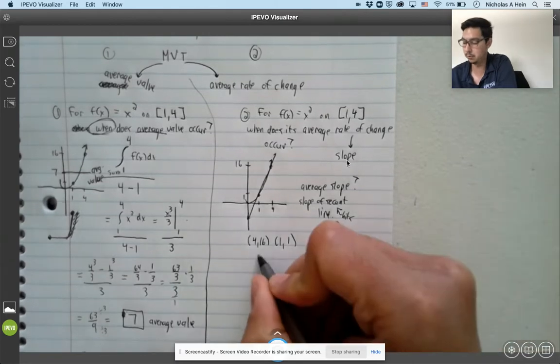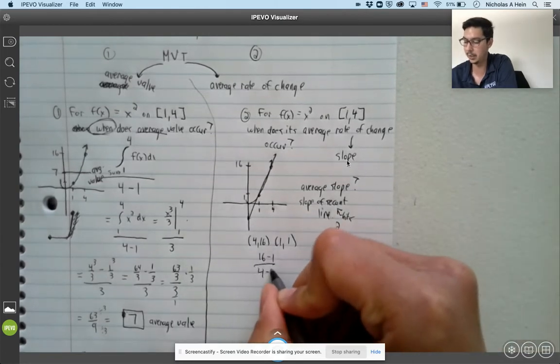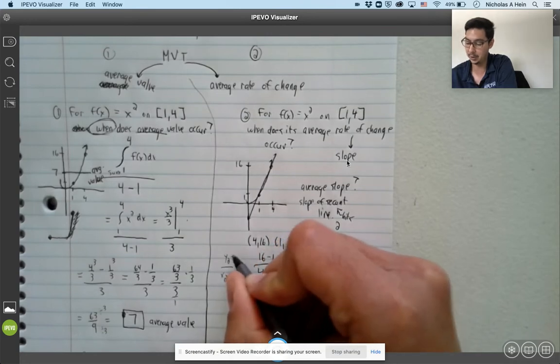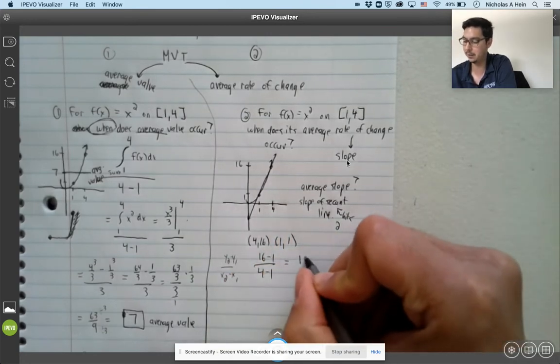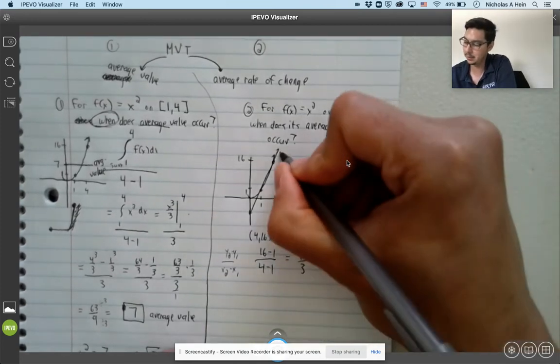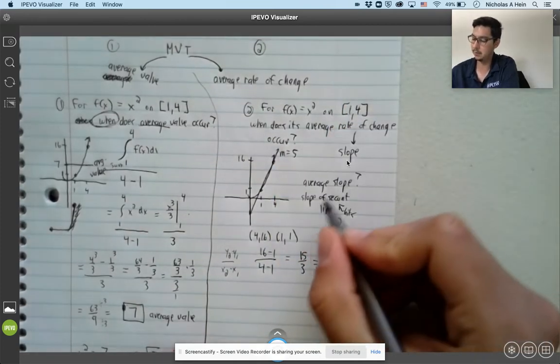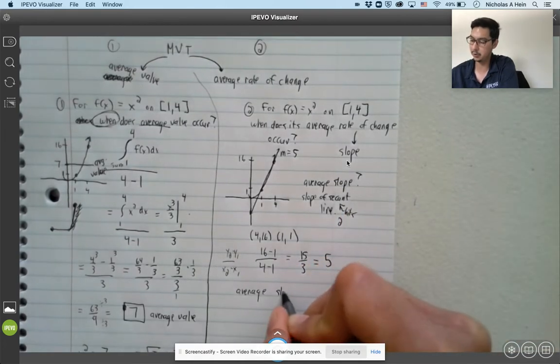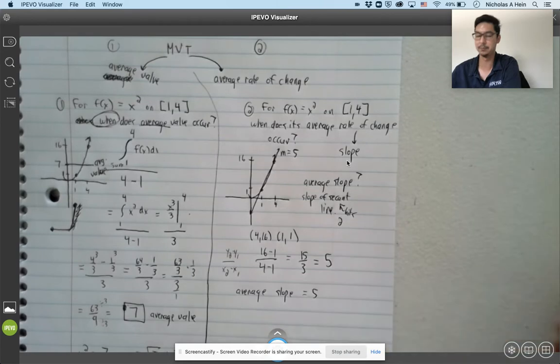So we can do 16 minus 1 over 4 minus 1, the whole y2 minus y1 over x2 minus x1, or change in y over change in x. And what we get here is 15 thirds, which is equal to 5. So that means the average slope is 5.